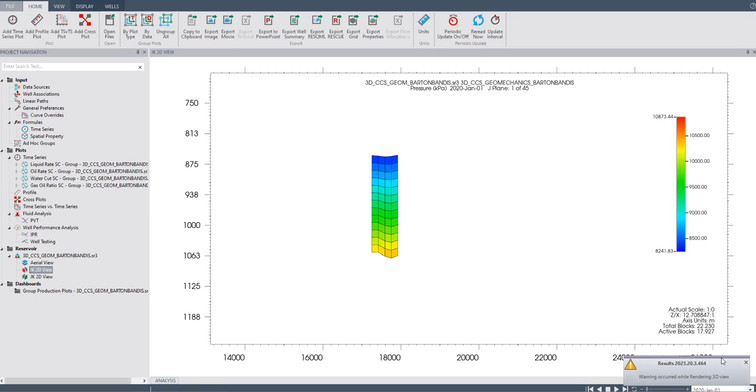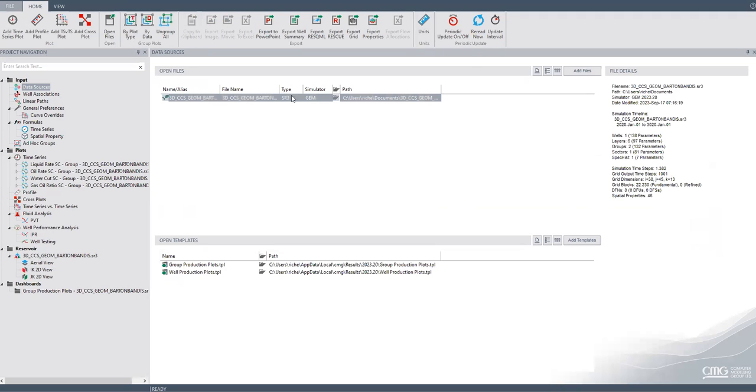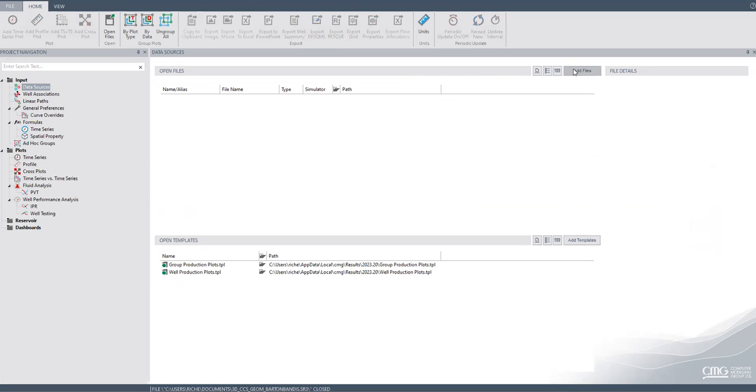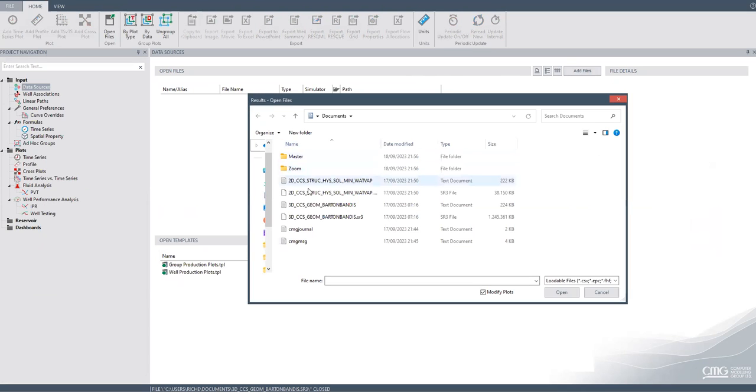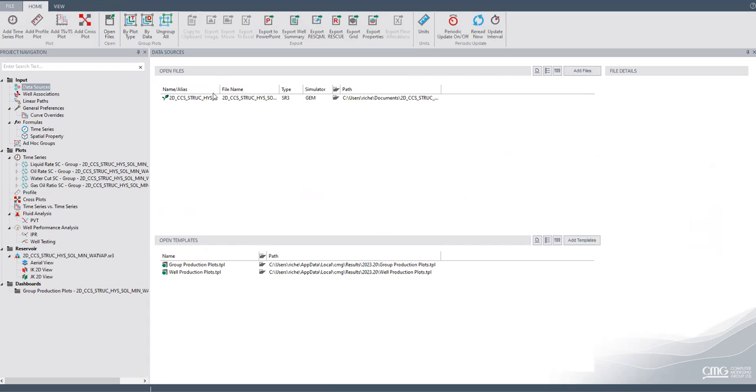Sorry, it should not be the Barton Bandis, my mistake. So instead, I'm going to remove this and add this one: the structural trapping, hysteresis trapping, solubility trapping, mineral trapping, and water vaporization.